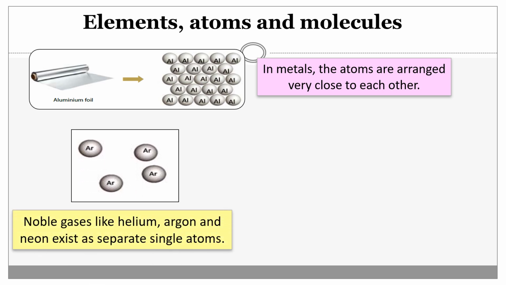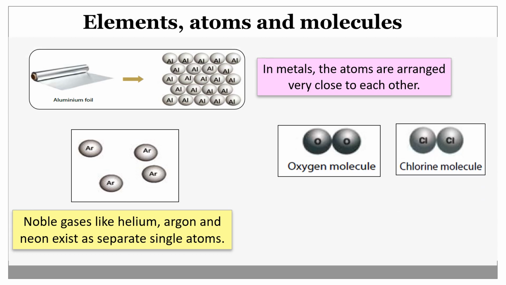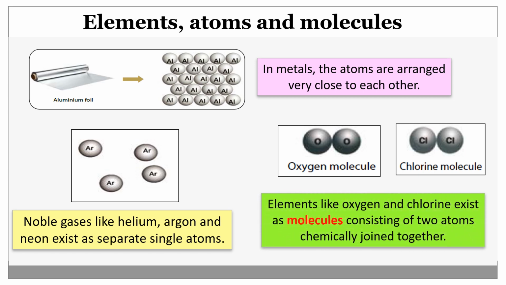Noble gases like helium, argon, and neon exist as separate single atoms as shown on the screen. On the other hand, elements like oxygen and chlorine exist as molecules consisting of two atoms chemically joined together.